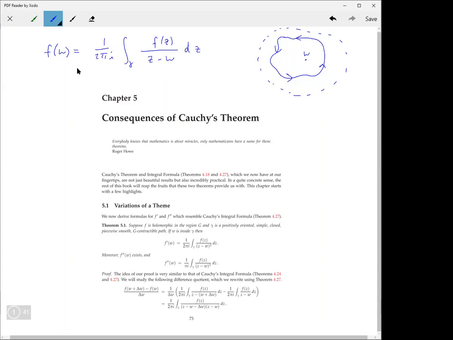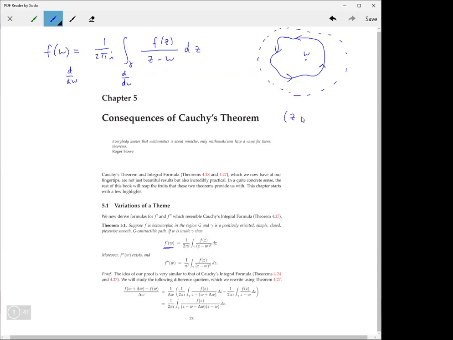Now if you take the derivative of this with respect to w, then on the left-hand side you get f prime of w. On the right-hand side, just take that right inside the integral. Treat f of z as a constant.